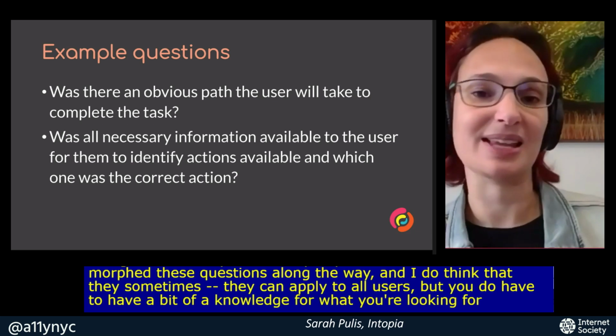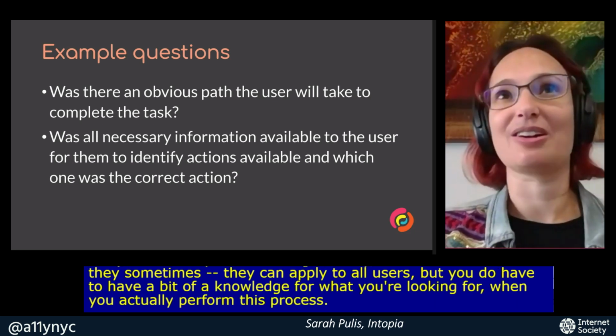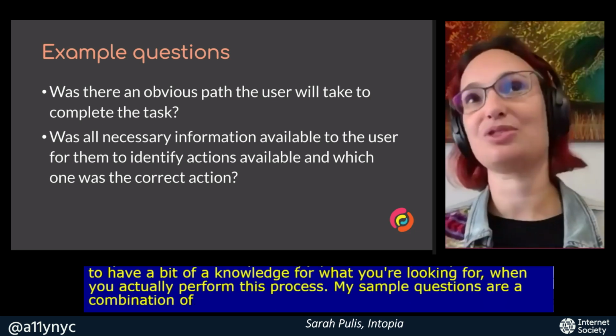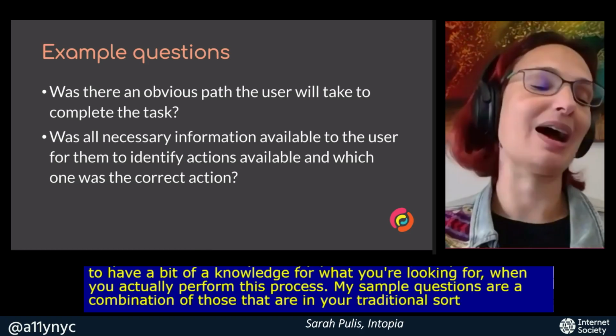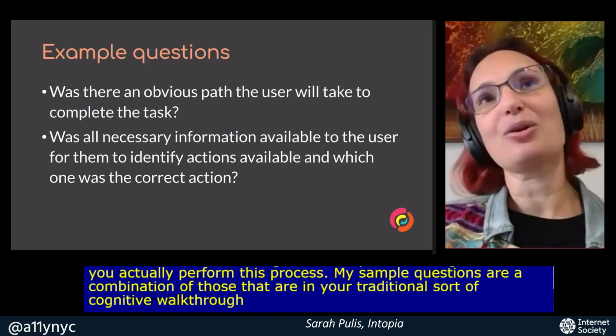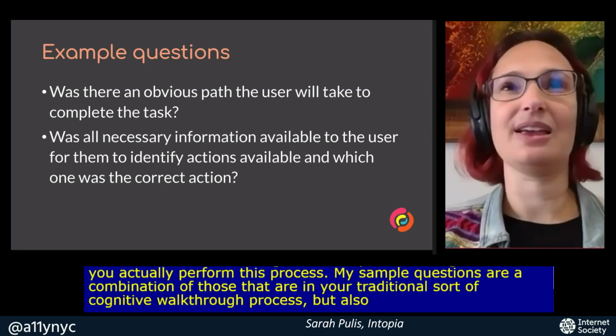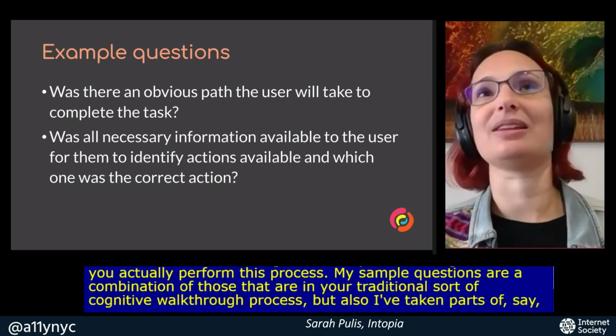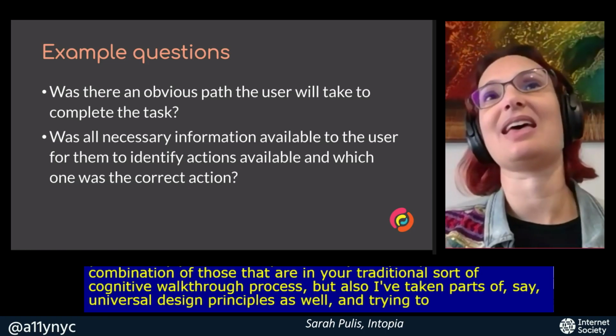My sample questions are a combination of those that are in your traditional cognitive walkthrough process, but I've also taken parts of universal design principles, trying to interleave those two things together.